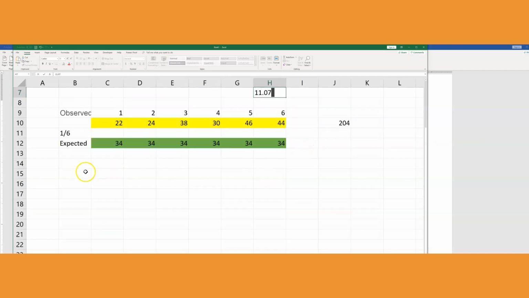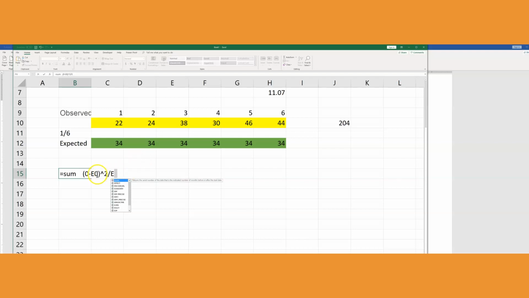So let's go ahead and get the formula. The formula for the chi-square is going to be stated as this: the sum of all, which is the sigma, of the observed values minus the expected value, of course, squared, divided by the expected value.